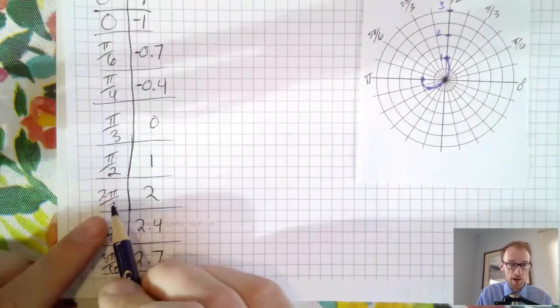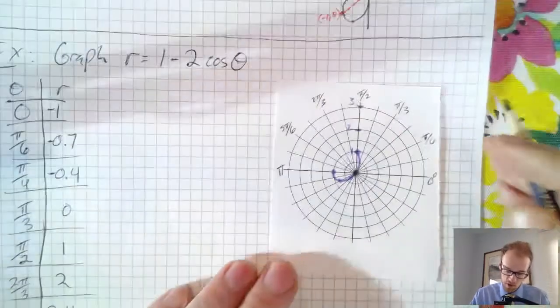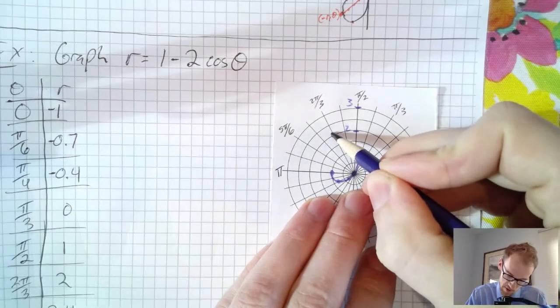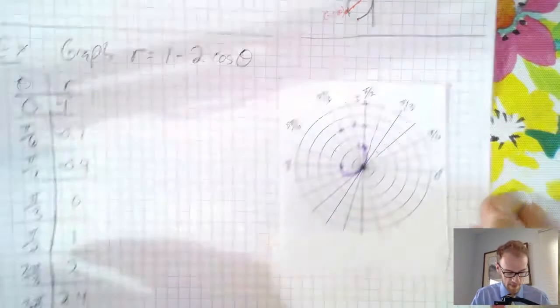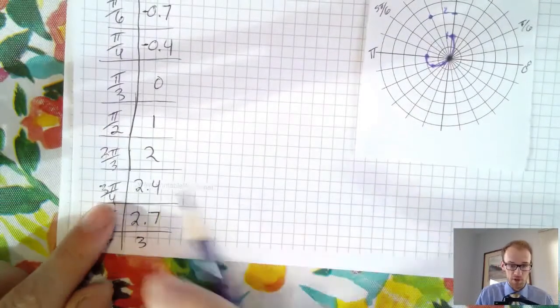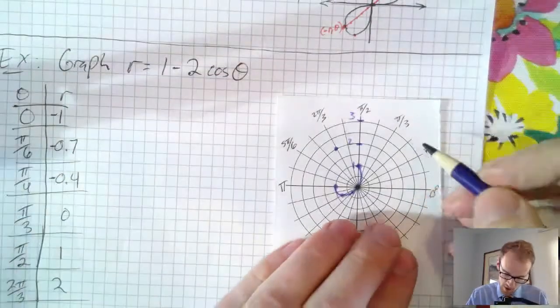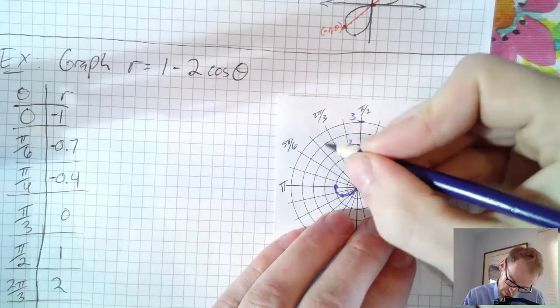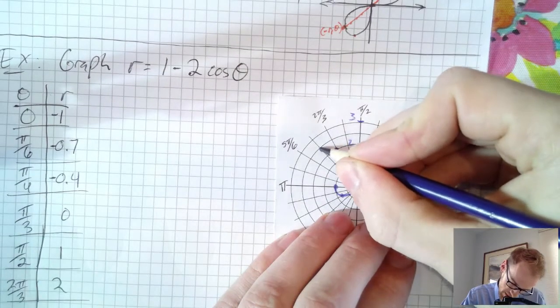Pi over 2, pi over 3, 2. 2 pi over 3 is this angle. Now we're at 2, so there's that. 3 pi over 4, 2.4. 3 pi over 4 is here. 2.4 might be right there.